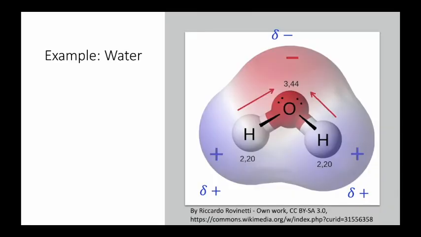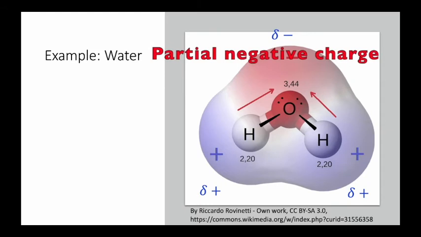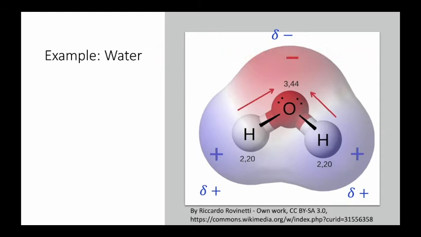This water molecule is a great example. You can see in this picture how oxygen is the more electronegative atom. It pulls the electrons in the bond closer to itself. This side of the molecule gets a partial negative charge. Now the hydrogen atoms, they don't give up their electrons, they still have them, but the electrons are farther away.